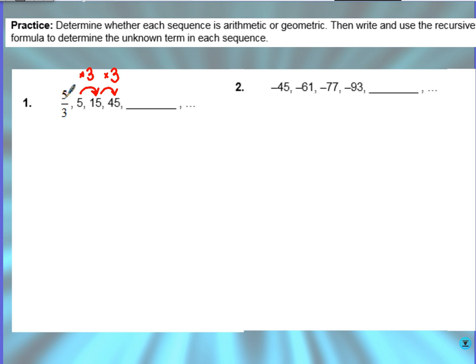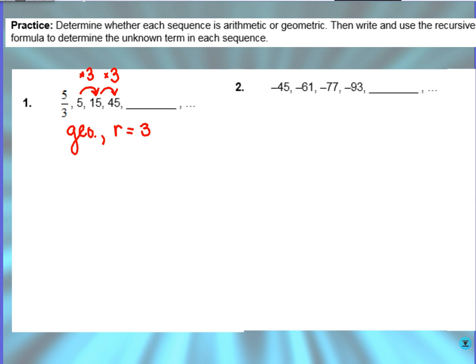Which means, looking back, 5 over 3 times 3 as a whole number would in fact give us 5. So remember that this sequence is geometric. You can abbreviate if you'd like with geo, and the common ratio is 3.